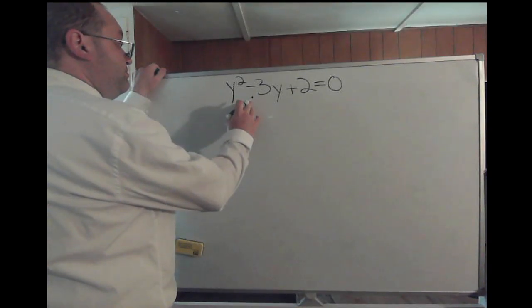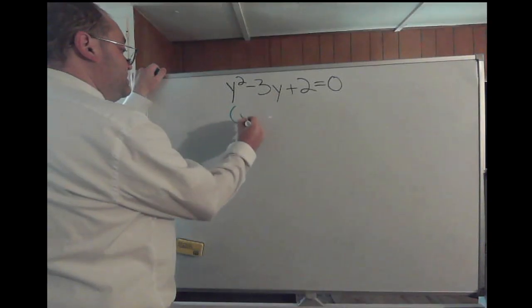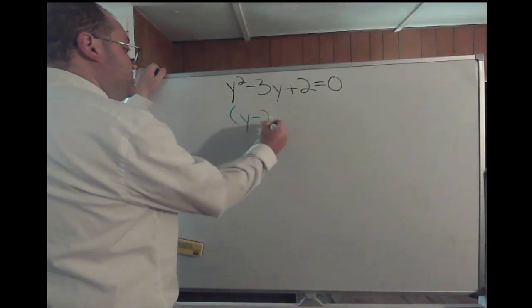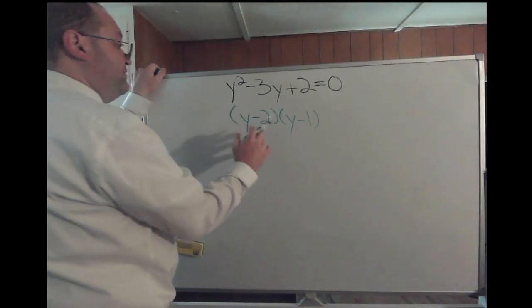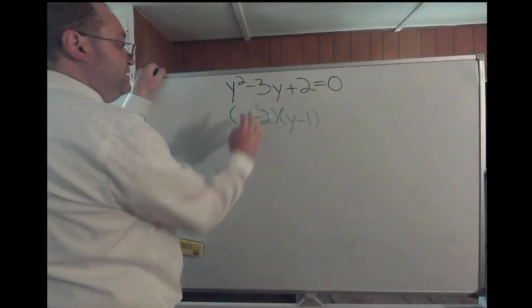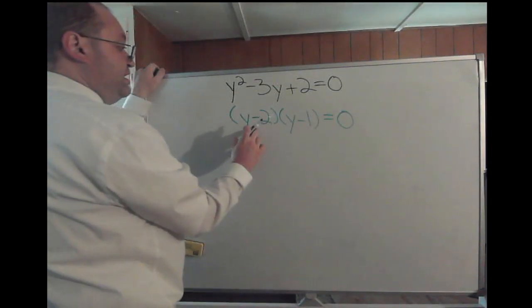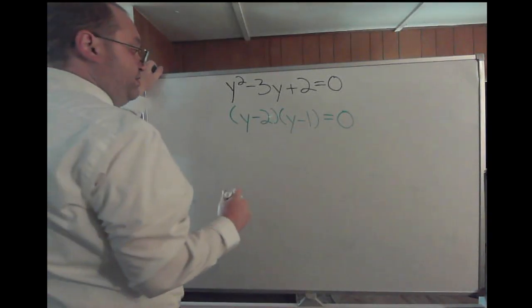We have this equation here. Well, the factorization would be y minus 2 times y minus 1. And if you FOIL this out, you would get exactly the equation here. So when we factor, you get the quantity of y minus 2 times the quantity of y minus 1 equal to 0.